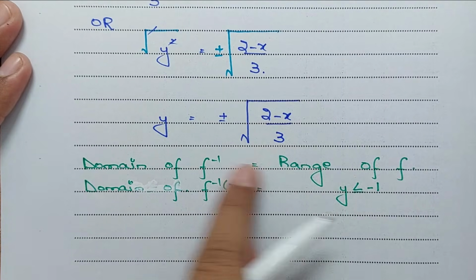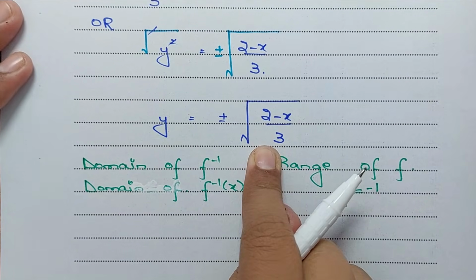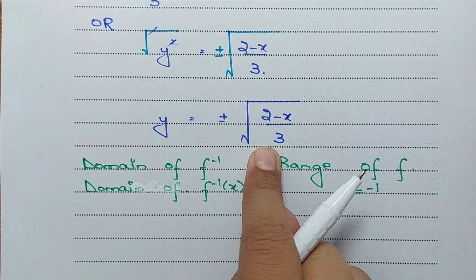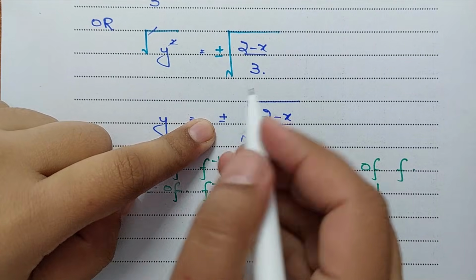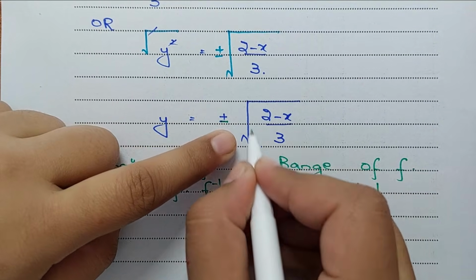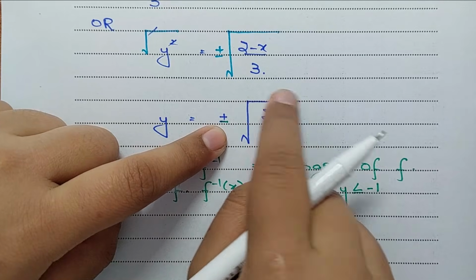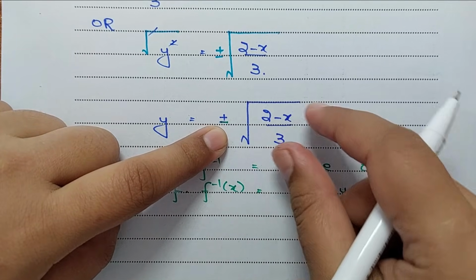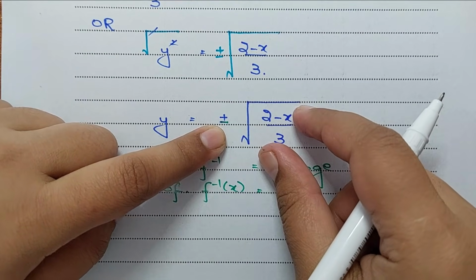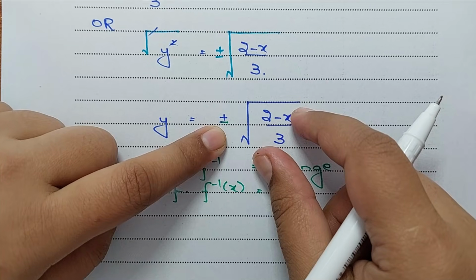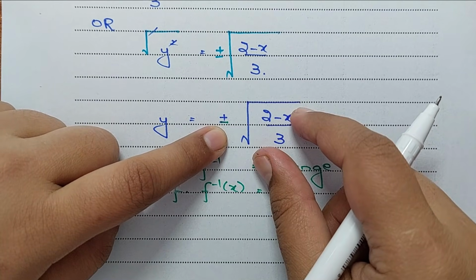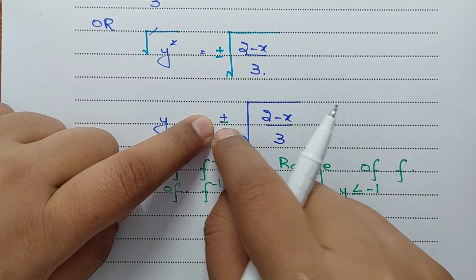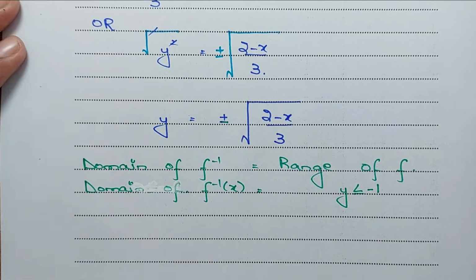So this is your f inverse when it is less than or equal to -1, when you have a negative, because square root of any number is always positive. So any expression under the square root gives us the positive answer. How do we make it a negative one? When you put a negative sign outside the function.